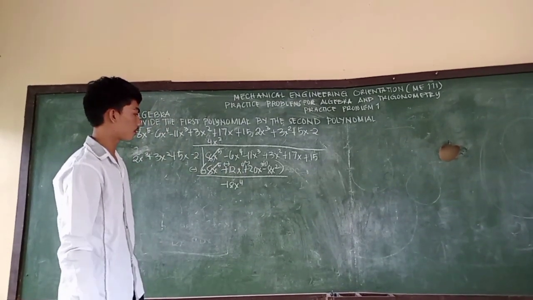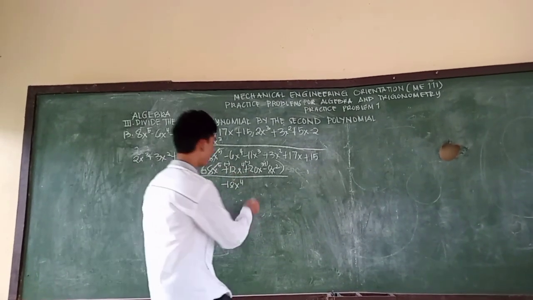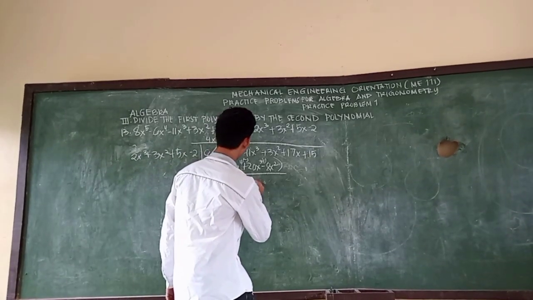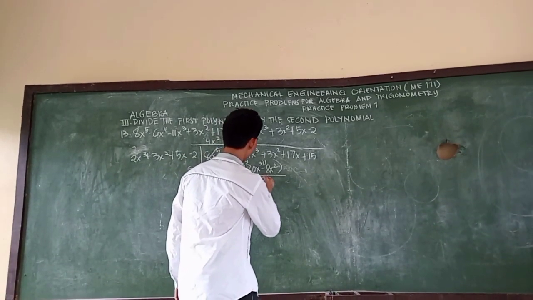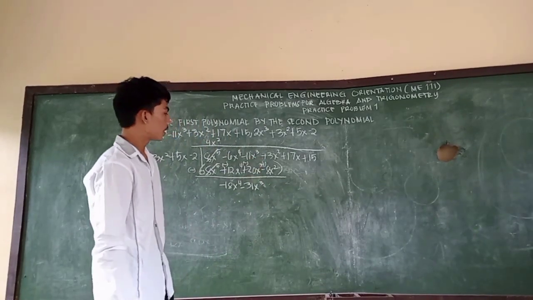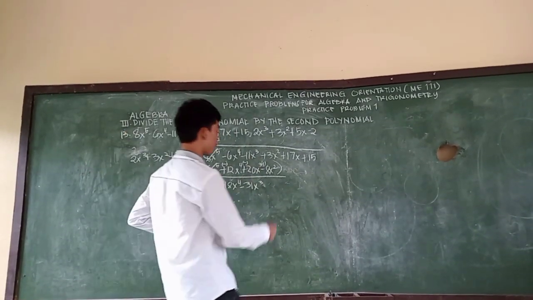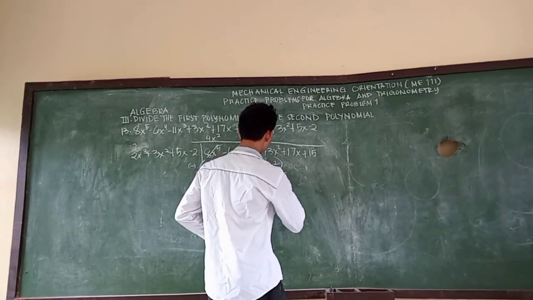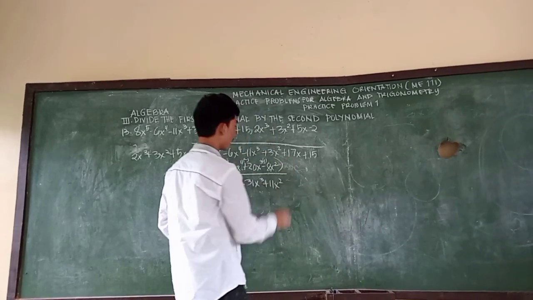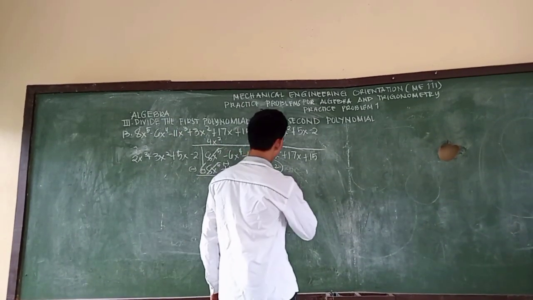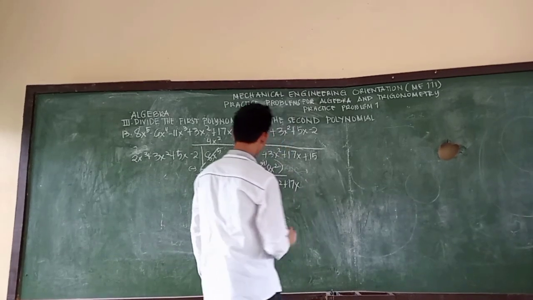Negative 11x cubed minus 20x cubed is negative 31x cubed, and then 3x squared plus 8x squared is 11x squared. Then bring down 17x.